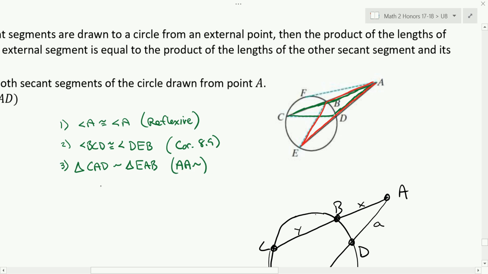All right, so we got similar triangles. So now let's set up, I'm going to say red and green so we could see the difference here. Two proportions. So in the red, I'm going to say BA or AB over AE. Those are both coming from my red triangle. That proportion would equal what from the green triangle?